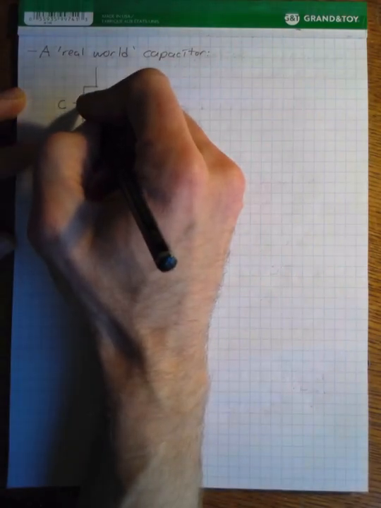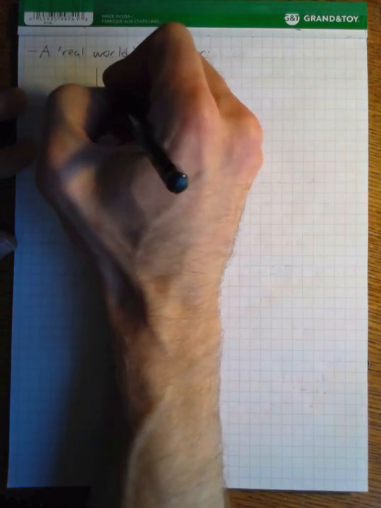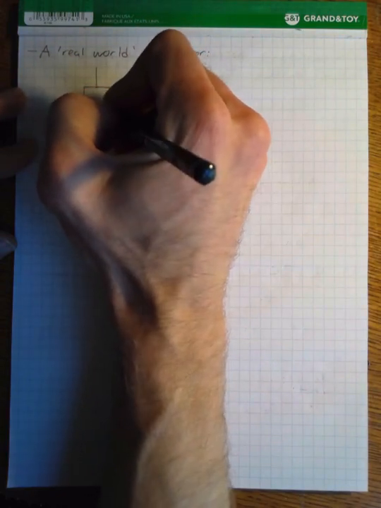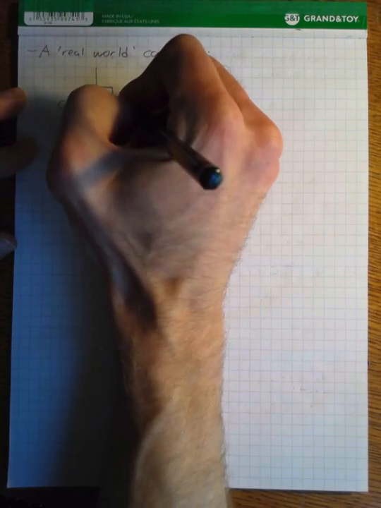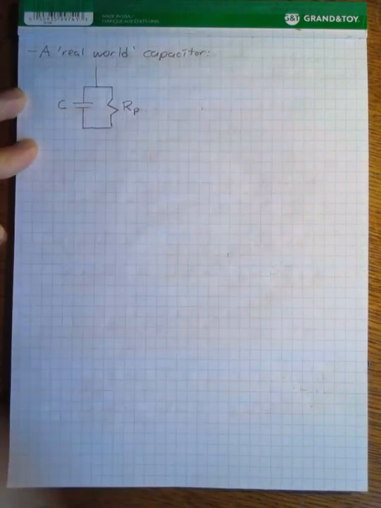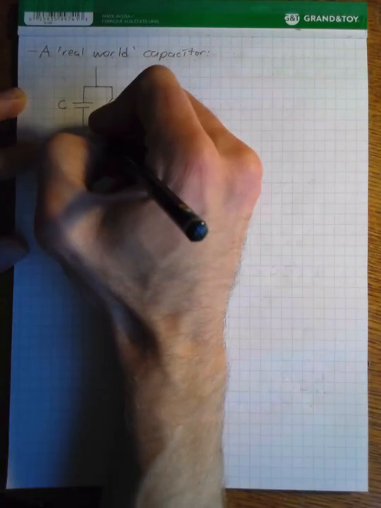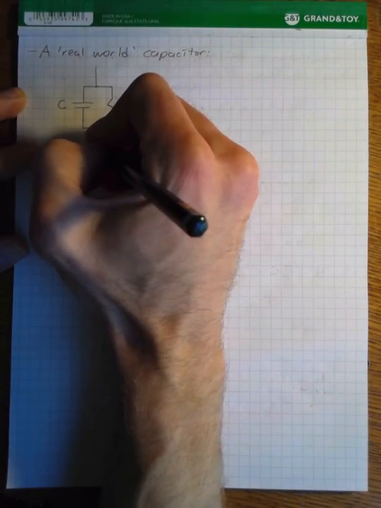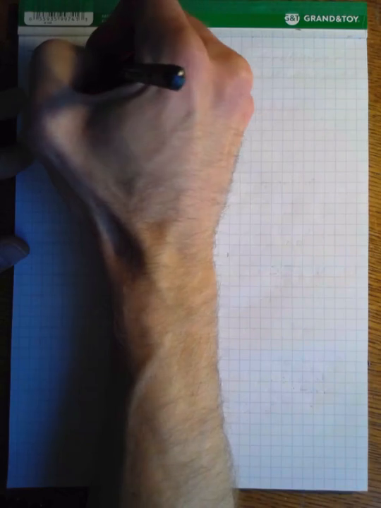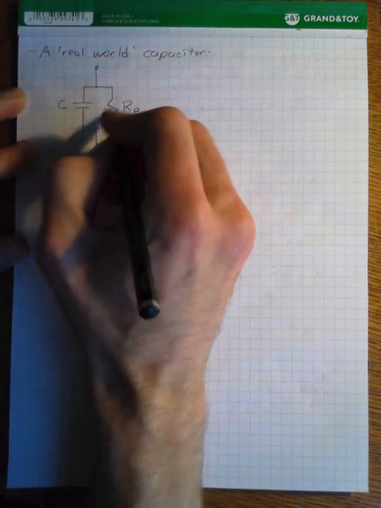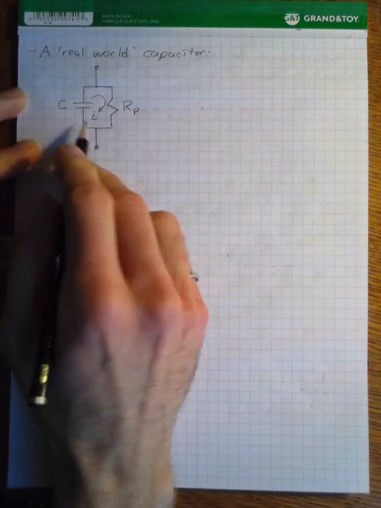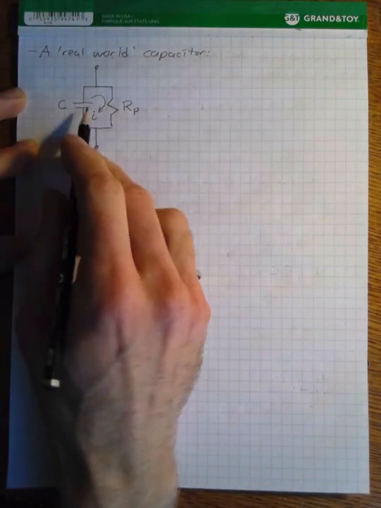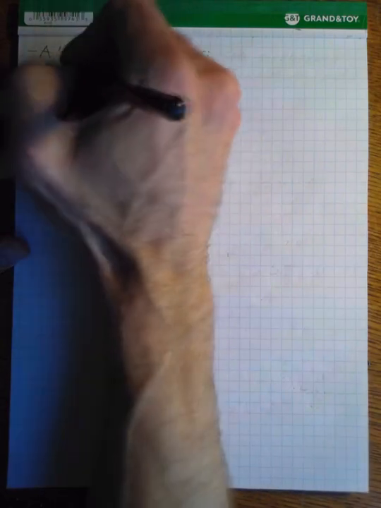There's never any charge that flows between the two plates. But then we hook it up in parallel with a resistance, and we often refer to this as a parasitic resistance, and that's where the charge will leak through. So basically you'll have a little bit of current that flows through that parasitic resistance that will eventually deplete the charge stored in the capacitor.